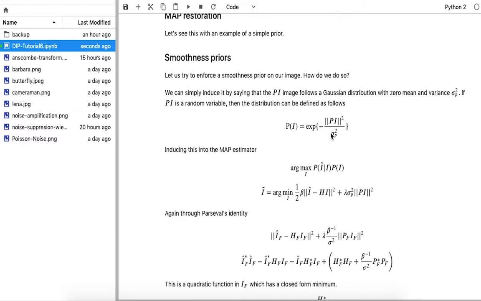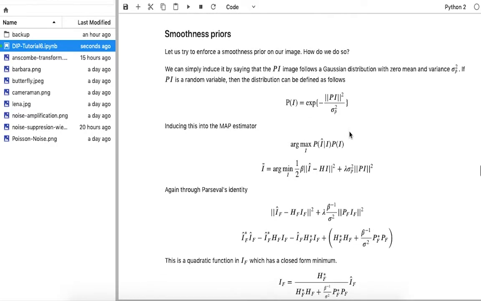My P is a sharpness kernel, it gives my derivatives, and if I has strong derivatives, this gets a high value. So you want to minimize that. Is it clear? Yeah.